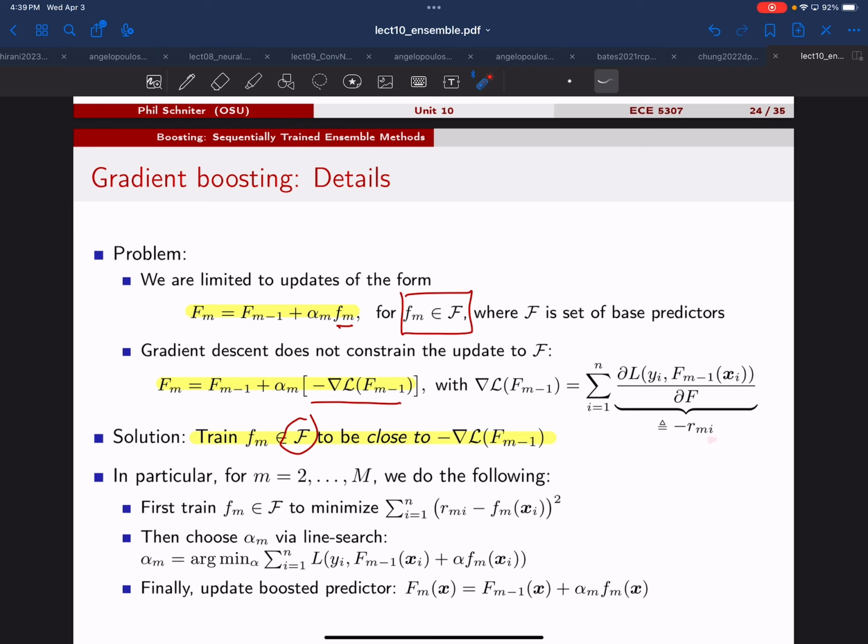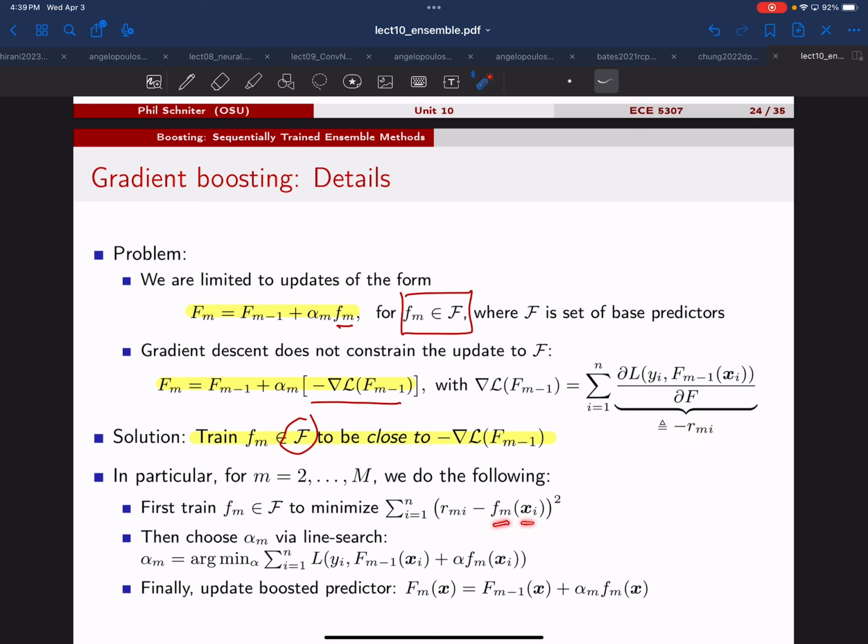I refers to the sample in our training set. The reason we're putting a negative sign here is so that, if I put a negative sign here to match this, then this becomes a positive sign. So if I want FM to match the negative gradient, then that means I want FM to match RMI. So that's what we're doing here.